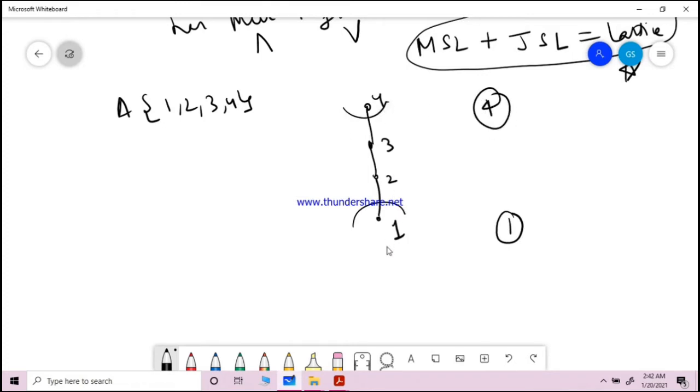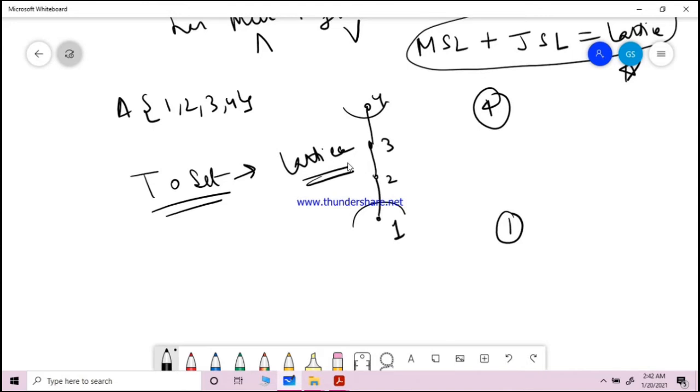As every pair is meeting at 1 and joining at 4, for every pair there exists a meet and a join. So whichever total order set there is, they are all mostly lattices.